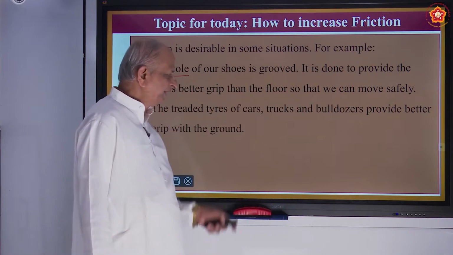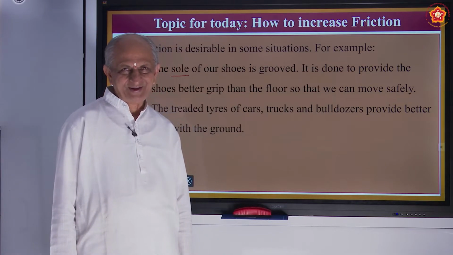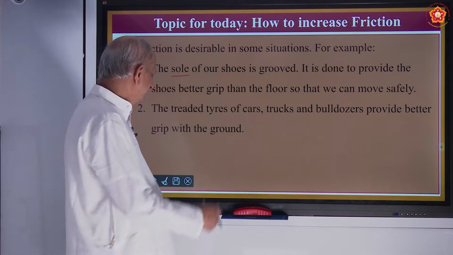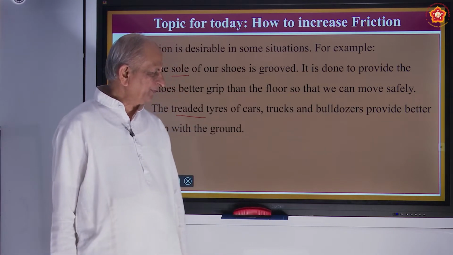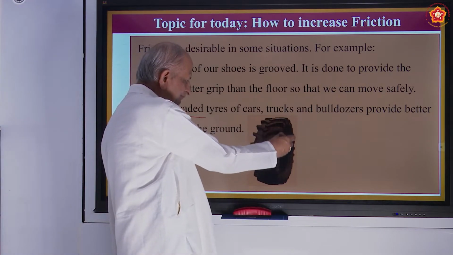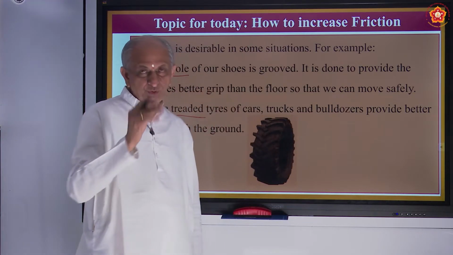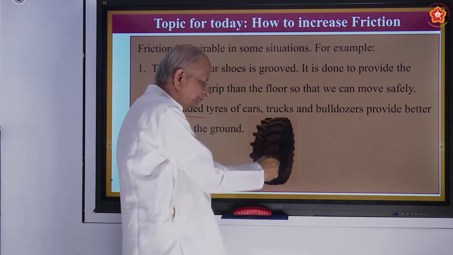And also you have seen about tires. In the vehicle, the tire is compulsory, and what is called the threading of the tire. Means what? See, this tire is threaded here. It is not smooth, it is made rough. There will be a lot of ups and downs.